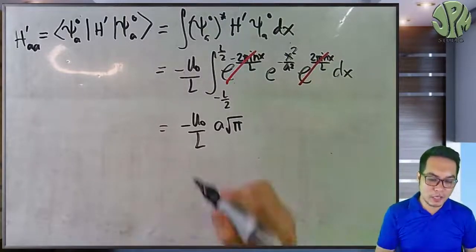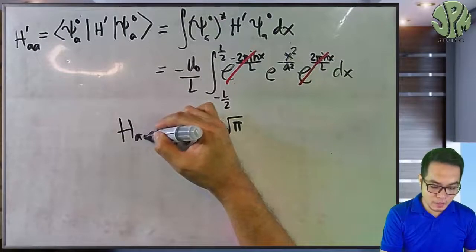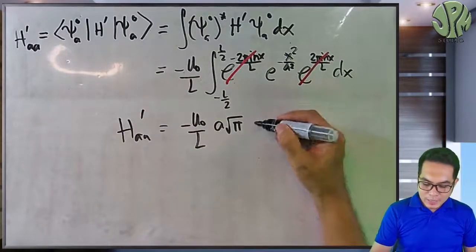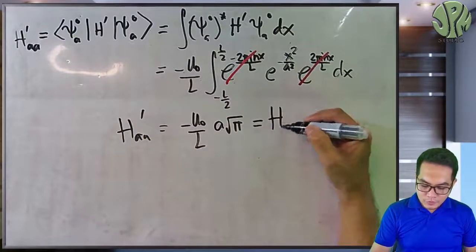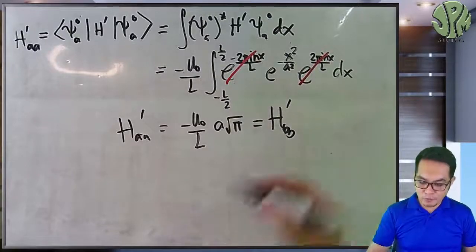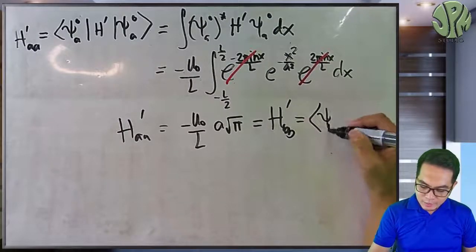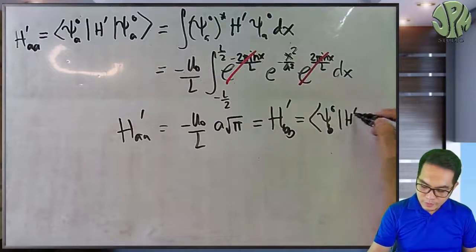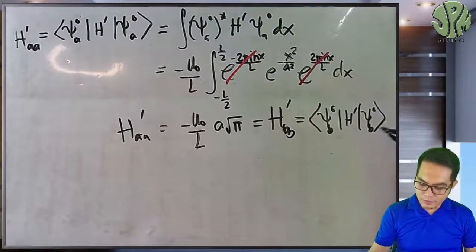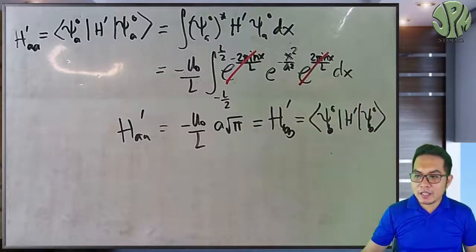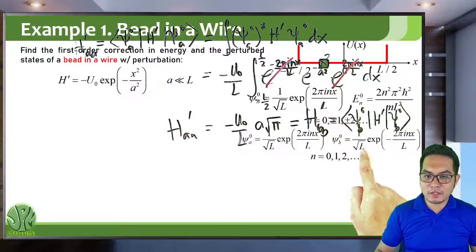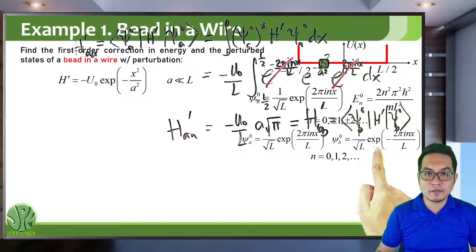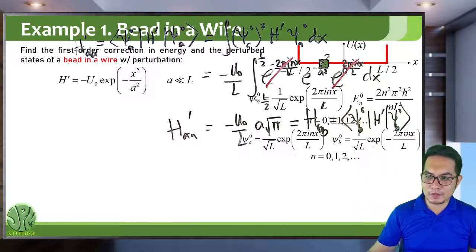So you recall the Gaussian integral formula. So that's HAA prime. This is actually equivalent to HBB prime, where HBB prime is psi B 0 H prime psi B 0, where psi B is the second state or wave function. So use that one.